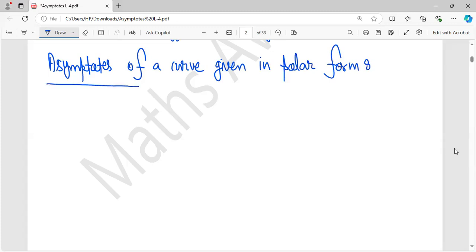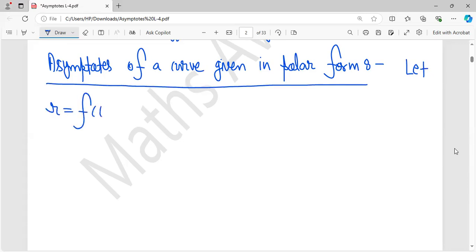Let r is equal to f theta be the polar form of a curve.